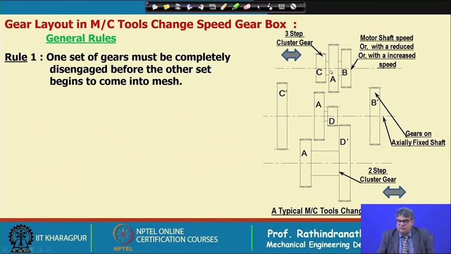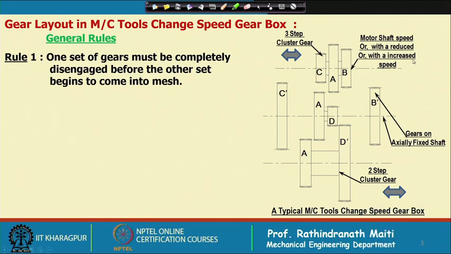And also, as you see in the cluster, all the gears are not adjacent, not exactly side by side; there is also a gap that is necessary, otherwise there may be some problem of friction while one is rotating with respect to the other. So, these rules we must follow.